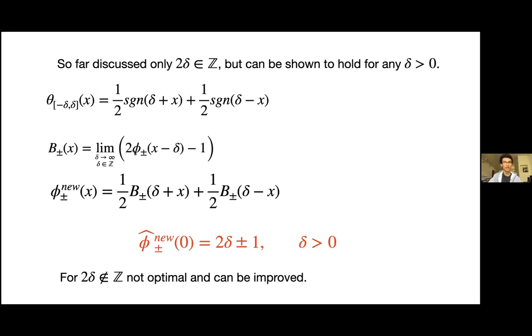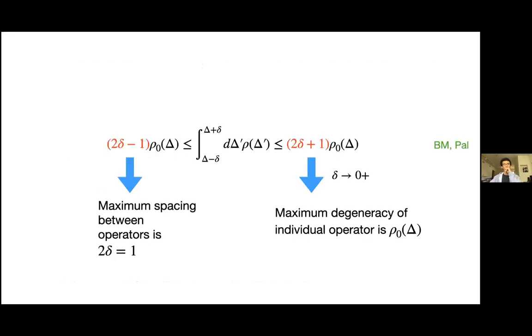And the way you do that, you take the Selberg functions that we discussed before, and you essentially take one of the edges off to infinity. You just take one of the edges off to infinity, and you get this sign, this step. And then you just sum 2 of such functions, and you get a new function which now bounds an arbitrary sized interval. And you get the same zero mode for that. In any case, the bound is the same.